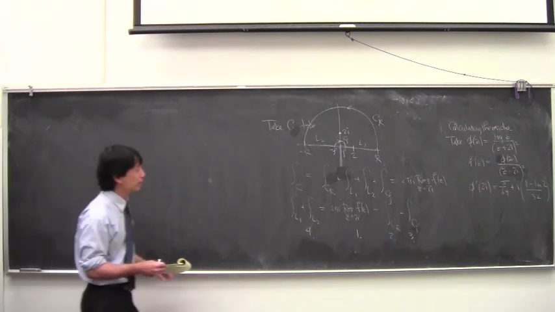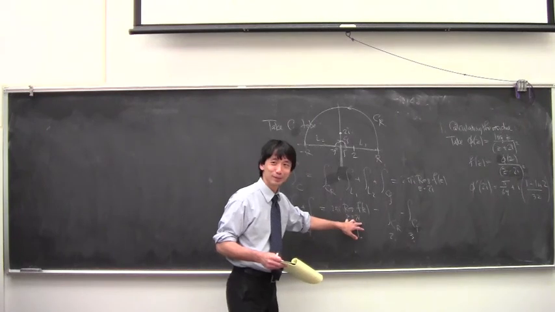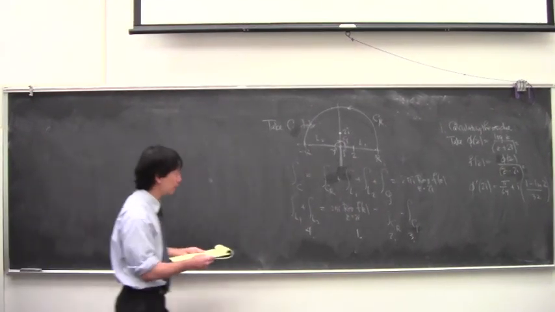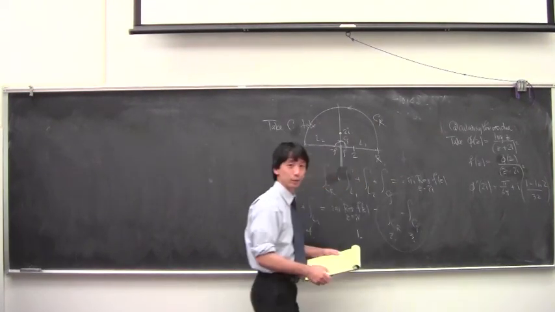Okay. So right now we figured out what this thing is, and the second thing we're going to do is show that we're going to get control of these guys here.